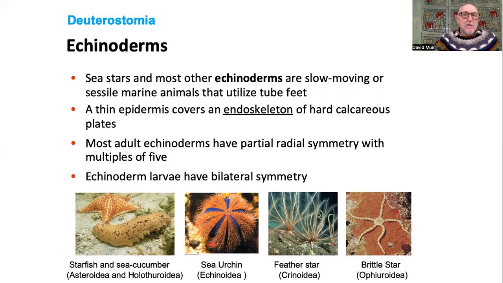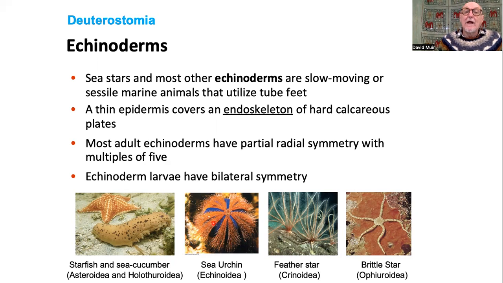Now, this is rather strange. It's radial symmetry, which is completely unrelated to that of the Cnidarians. It's actually a secondary radial symmetry, and it's not actually a true radial symmetry. Their larval forms are bilaterally symmetrical, and when we look carefully at their morphology, we find that they're actually not completely symmetrical.